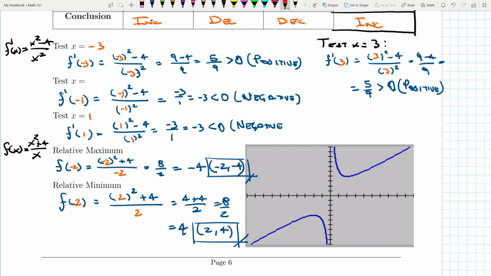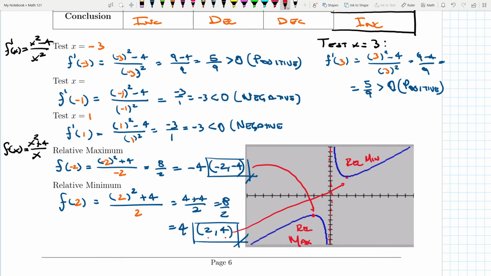And if we go -1, -2, -4, this is where the rel max is, and this is the point (2, 4), that is where the rel min is. And in fact, again, this function has a vertical asymptote over here, a value for which the function is undefined.